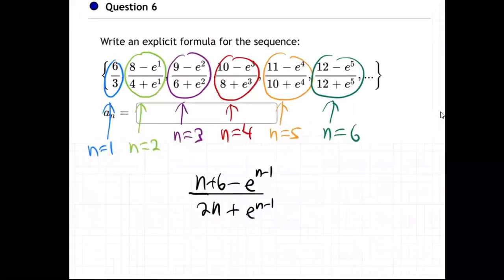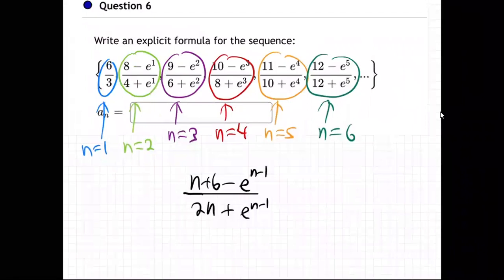Now, wait a minute. You might say, okay, I got all that, Ms. Taryn, but what about this 6 over 3 thing over here? I mean, that looks totally different than the other ones. Well, maybe, maybe not. Let's try it out. What if I take n equals 1 and plug it into this formula that we just created? I think we'll find something amazing happens.